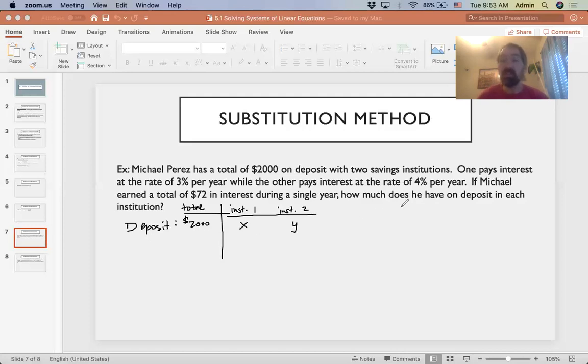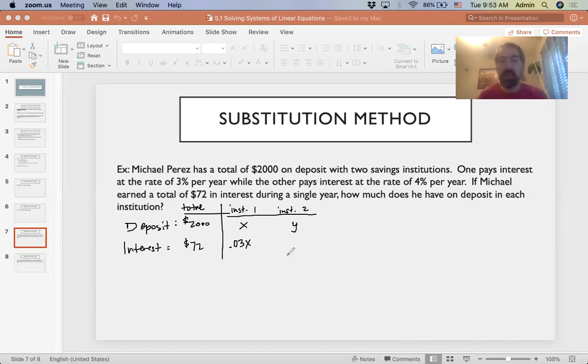The other piece of information that they give us is we know how much he earned in interest. Now, he made $72 in interest total. We don't know how much he made in interest from either institution, but we do know that the first institution pays interest at the rate of 3% per year. And if he has X dollars deposited, then he would earn 0.03X in interest, just multiplying the amount that he has invested times that 3%, the 0.03.